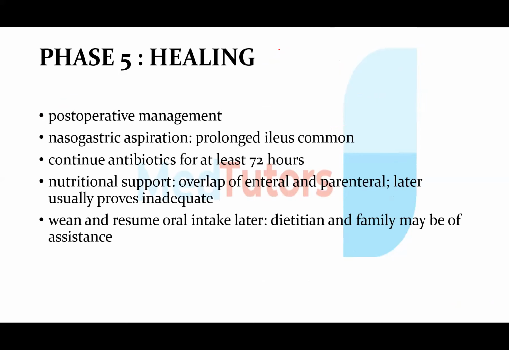Now the healing phase is the post-operative management of the patient. You have to what? Ensure the patient has a nasogastric tube in situ for drainage. Why? Because these patients often have a prolonged post-operative ileus.